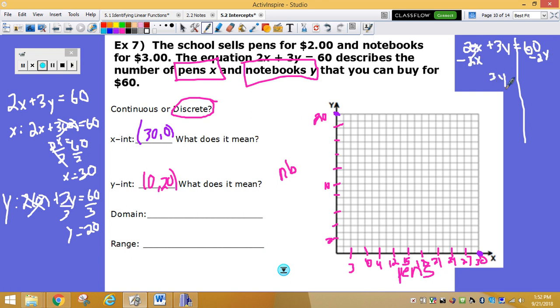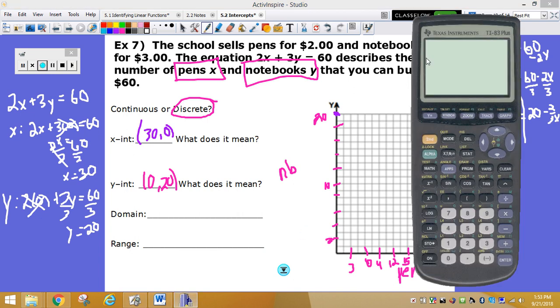So 3y equals, I'm just going to write 60 minus 2x. You could put negative 2x plus 60. It's not wrong, okay? And then I need to divide everything by 3. So y equals 60 divided by 3 is 20. 2 divided by 3 is just going to stay 2/3 x.